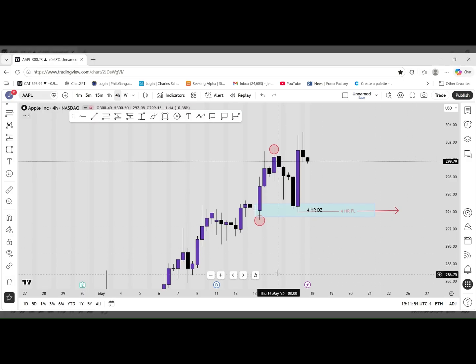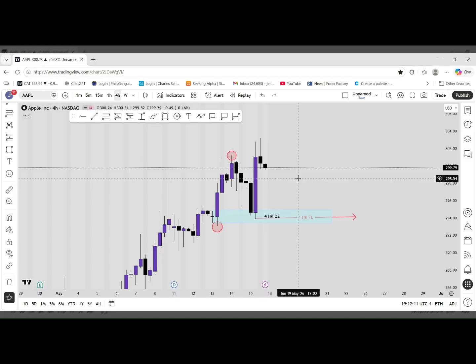So what am I looking for here? This price action has gone up like this, and it's come back down. It's created a first low. Here's the demand zone. Then it's going to go back up, which it has. What I'm looking for, which is not happening right now, is something to look at on Monday: this price action is going to come back down to this demand zone and touch it.